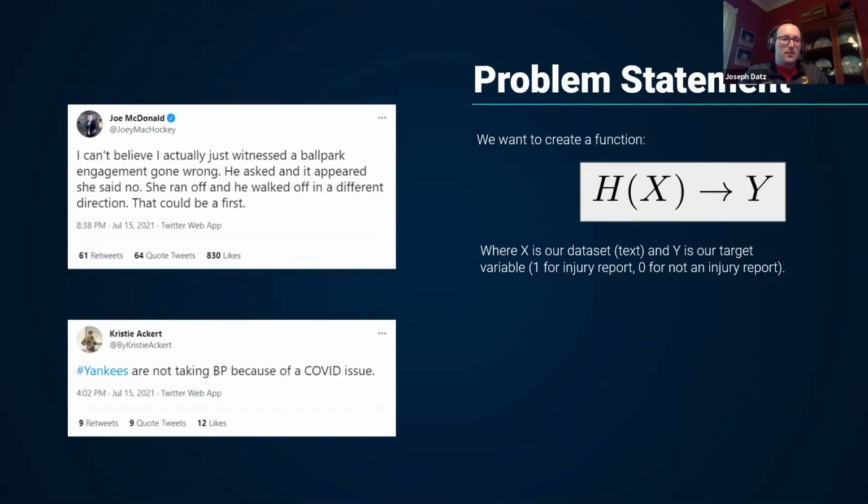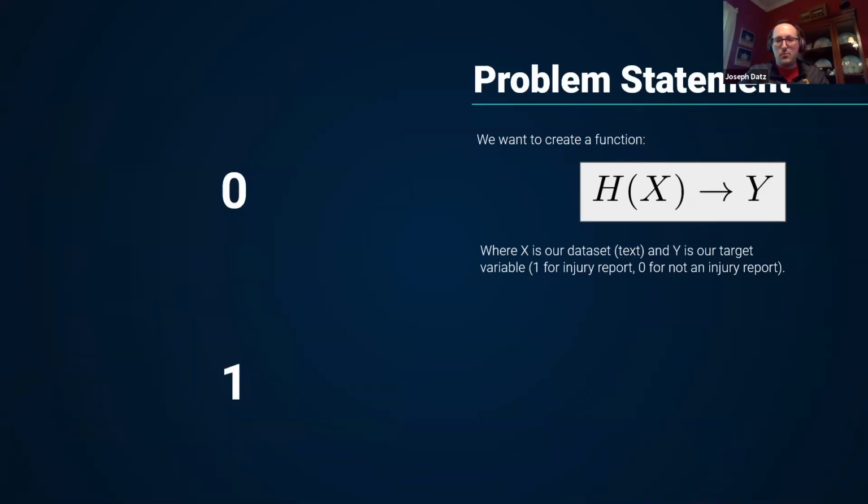So the top tweet over there is not an example of an injury statement because the statement is actually about an engagement that's gone wrong at a baseball game. So that should be a 0, but the bottom one should be a 1 because we're talking specifically about COVID, as in players on the Yankees team got COVID, and so they had to stop practice. So that should come out as a 1.